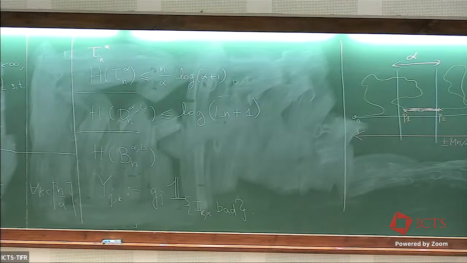Then for every epsilon, there exists delta, such that for every measurable set E inside your space with small probability, the random variable Z times the characteristic function of the set E has entropy less than epsilon.